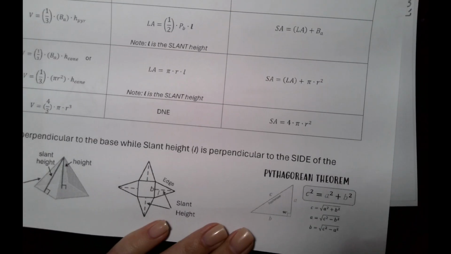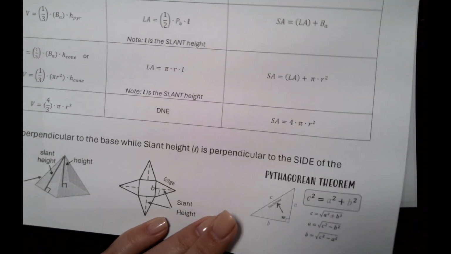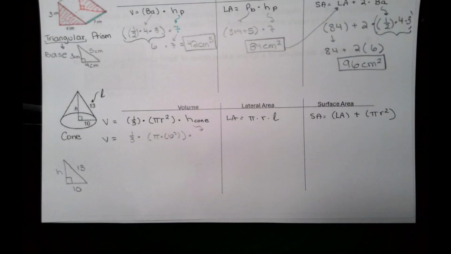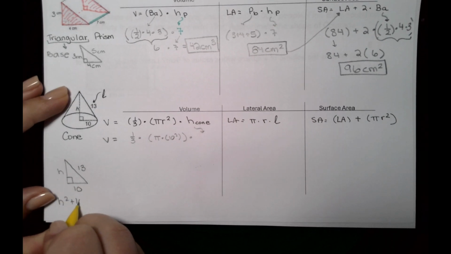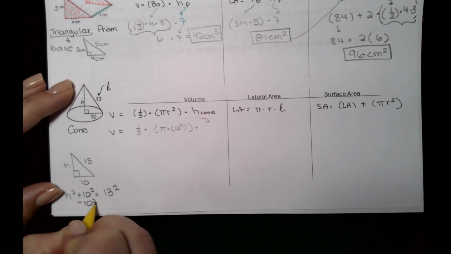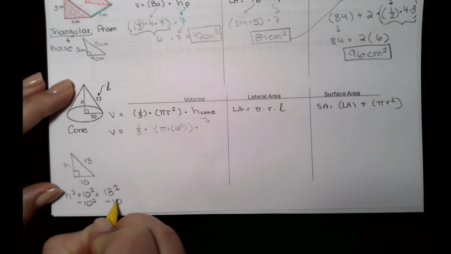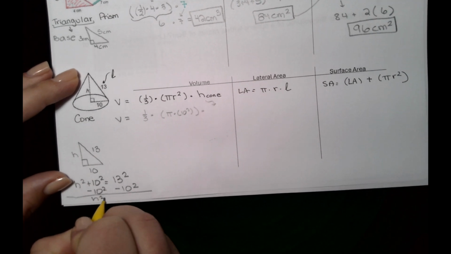Just know that c is always across the street from your 90-degree angle, so please be careful about that. So again, we have h squared plus 10 squared equals 13 squared. Subtract 10 squared. You can also do 100, that's fine. I got h squared is equal to whatever 13 squared minus 10 squared is.